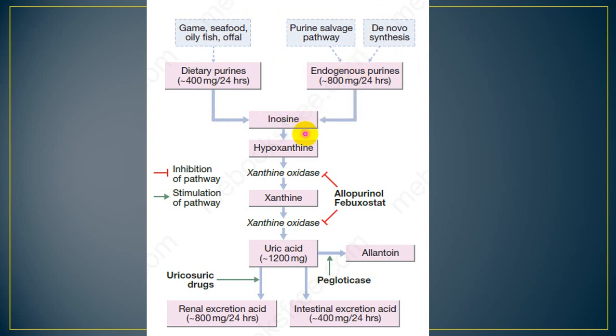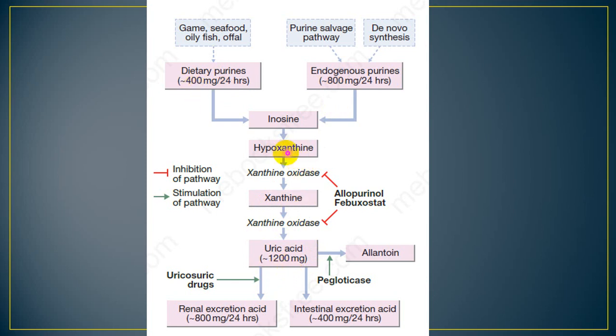These result in the production of hypoxanthine. By the action of the enzyme hypoxanthine oxidase, hypoxanthine will be converted into xanthine, and another oxidase will produce uric acid, with a total amount of 1200, 800, 400, 1000.